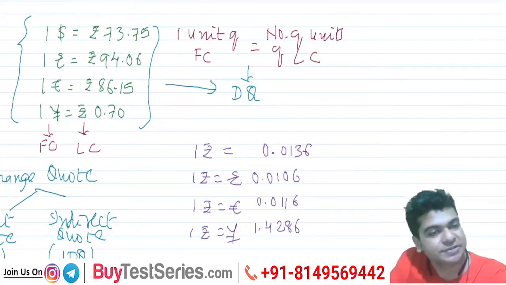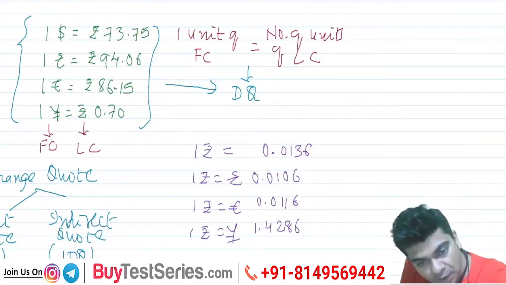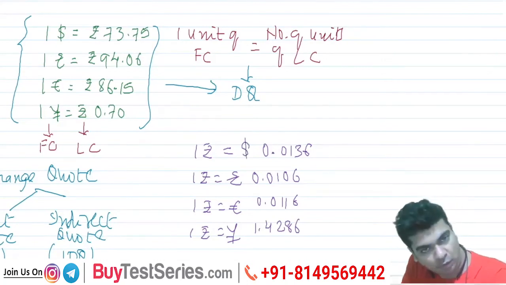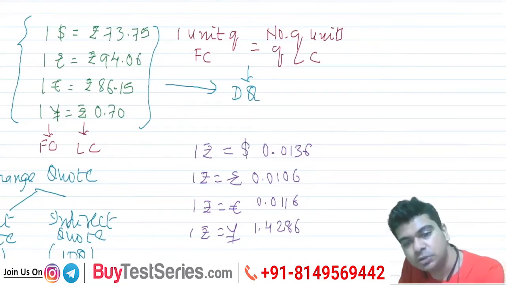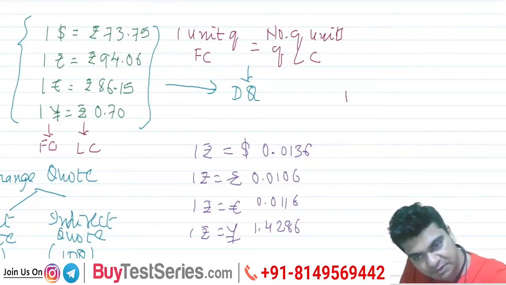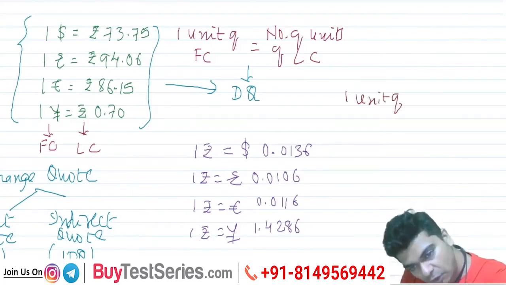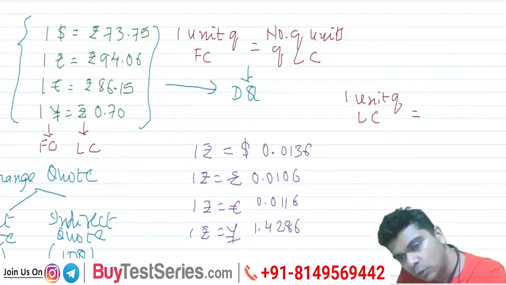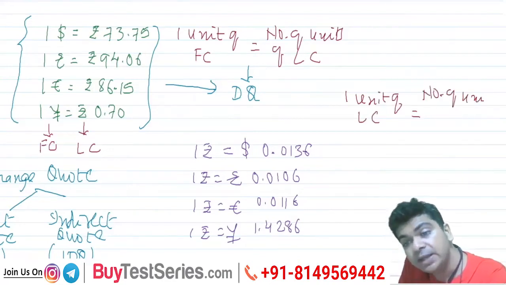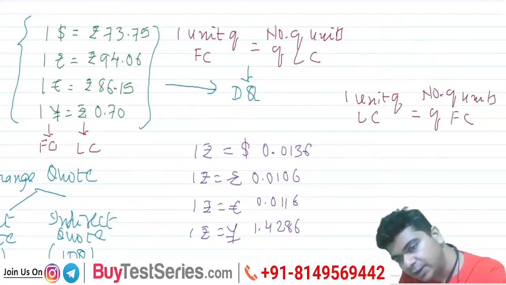These quotations that I have put now will be referred to as indirect quotation. What happens in an indirect quotation? In an indirect quotation, we say 1 unit of local currency is equal to how many units of foreign currency.